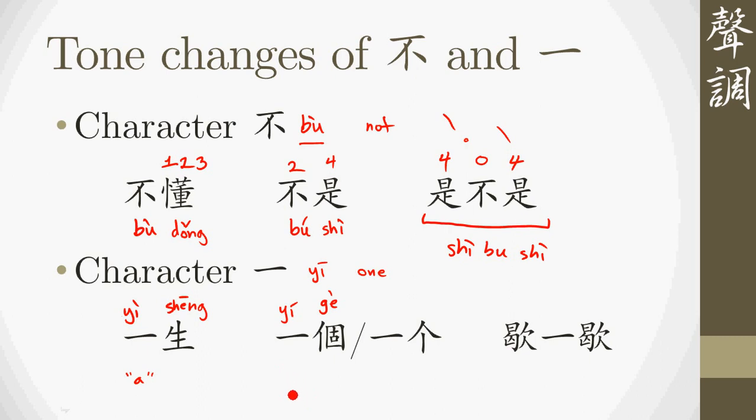And then here we have another sandwich situation. We have 歇一歇, which means to rest a little bit. 歇 is rest, and then 歇一歇 is like to rest a rest, or just rest a little bit. Neutral tone here.